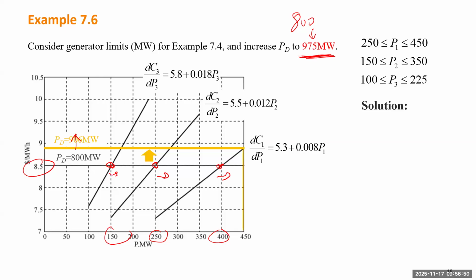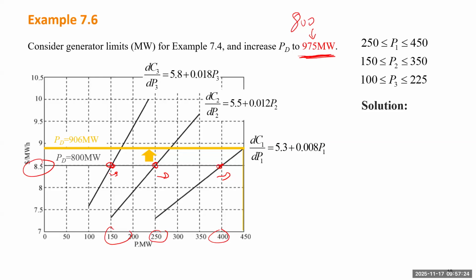If we move up to this position at the yellow, it reaches the upper limit of the third unit. The third unit is not number 1. This one is the cheapest one because it has the smallest slope. By increasing the same amount of power, its dollar amount increases the slowest. So at this position, it intersects at the maximal point for unit number 1.